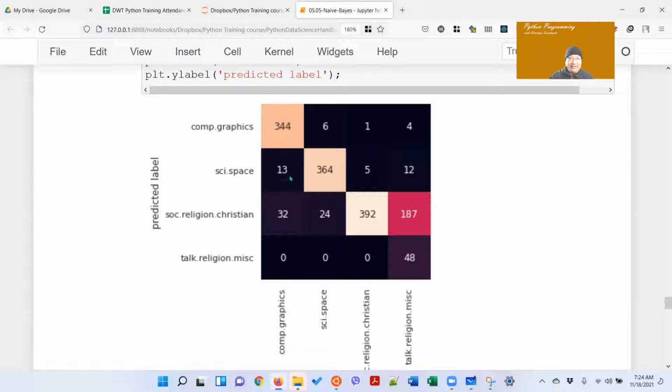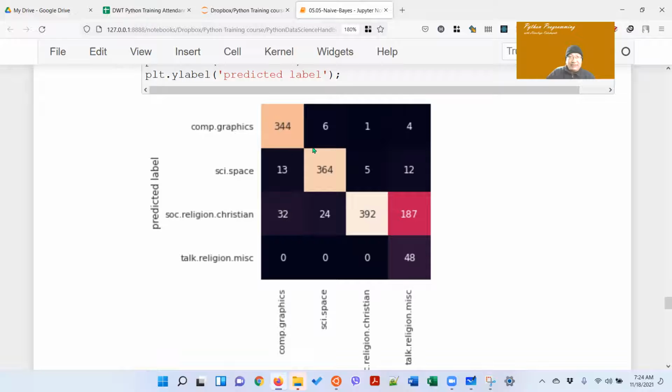Out of those, 13 it put in space, and 32 it put in social religion Christian, which is quite strange for computer graphics. But because multinomial is naive Bayes, we cannot expect top-notch performance. It's basically multinomial naive Bayes, but it was still not bad.